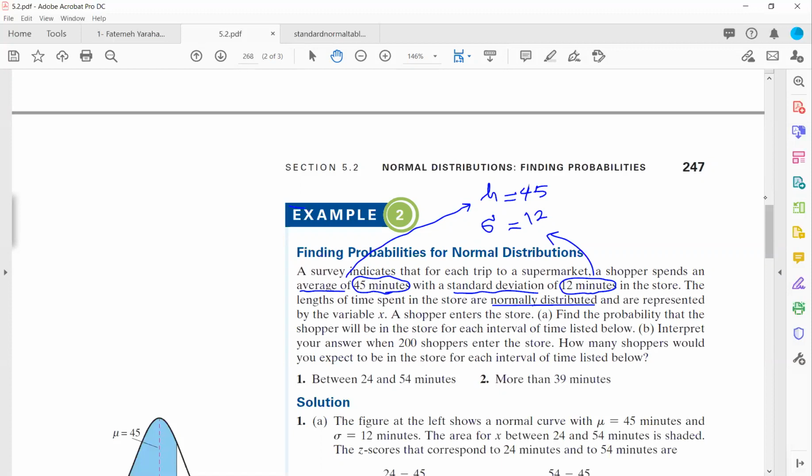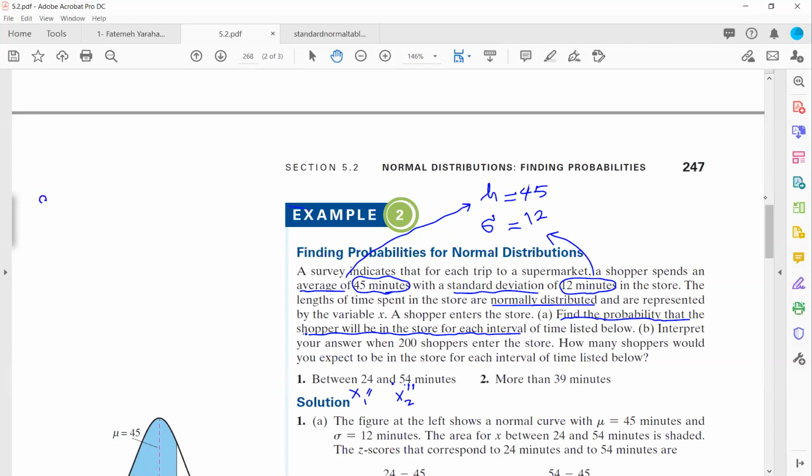First of all, find the probability that the shopper will be in the store for each interval of time listed below: between 24 to 54 minutes. So first x is 24, second x is 54.